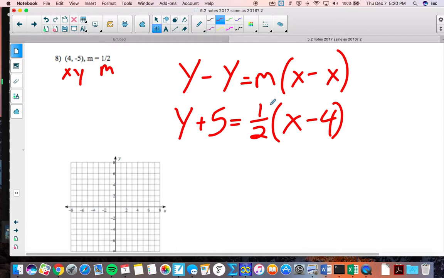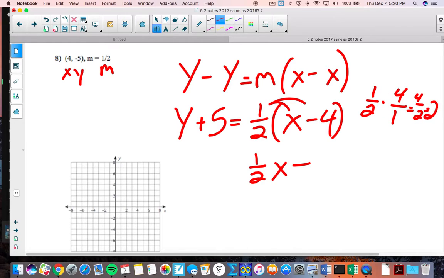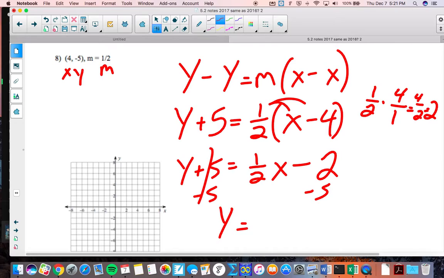We get 1/2 x minus 1/2 times 4, which is the same as 4 over 1, equals, multiply across, 4 over 2, which equals 2. To get y by itself now, we subtract 5. So we get y equals 1/2 x minus 7.